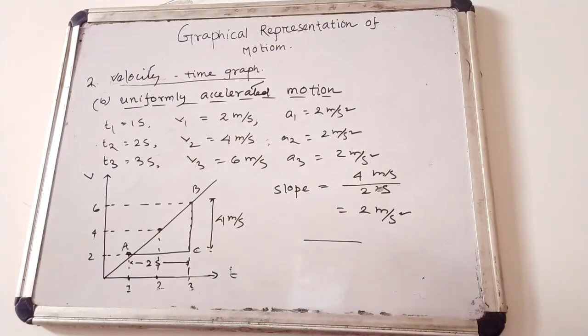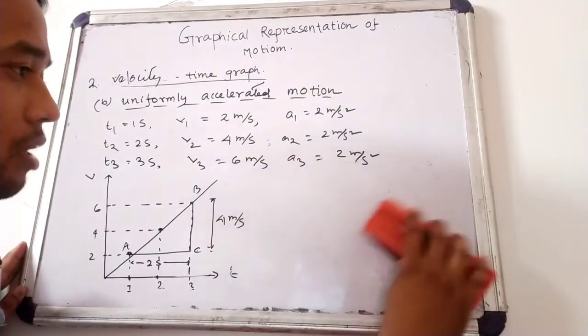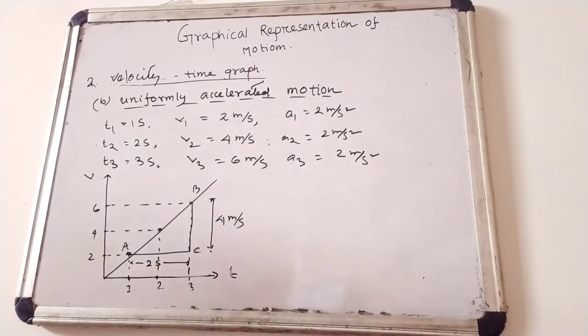So again, one thing, from a velocity time graph we can also calculate the distance covered by the object. Okay, now how can we calculate the distance covered by the object from a velocity time graph? And for that we have to calculate the area covered by the graph.